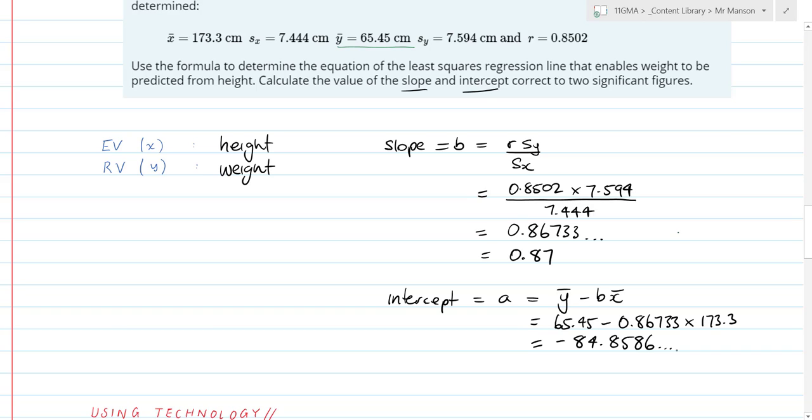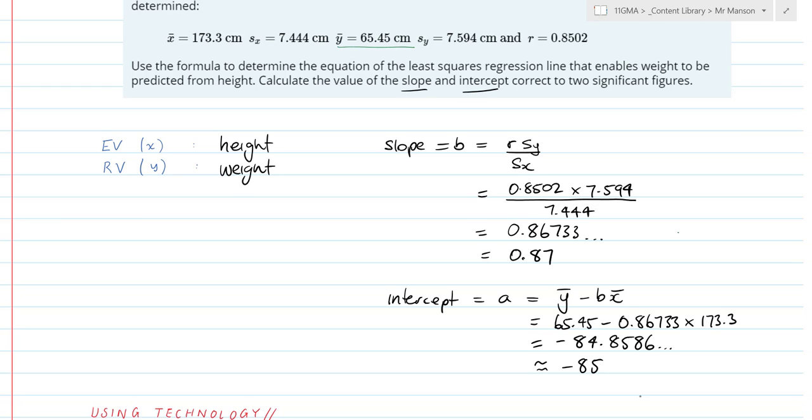The first significant figure is the 8 at the top here. The second one is the 4. Does the third significant figure round up or down? It rounds up, so the 4 becomes a 5, and this is approximately equal to negative 85 to two significant figures. Now, you may be asked to describe or talk about what these actually mean.